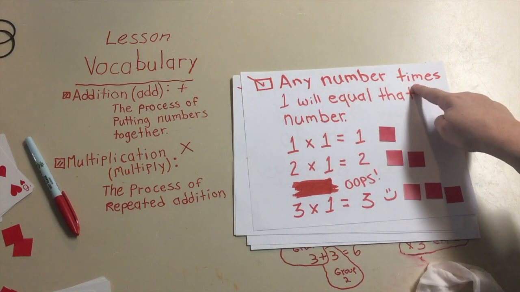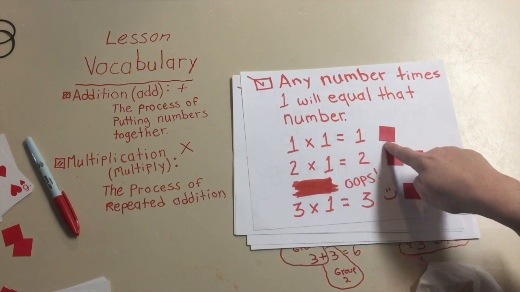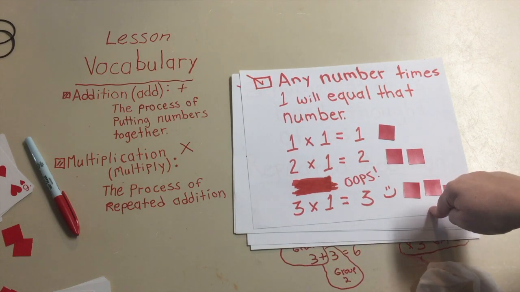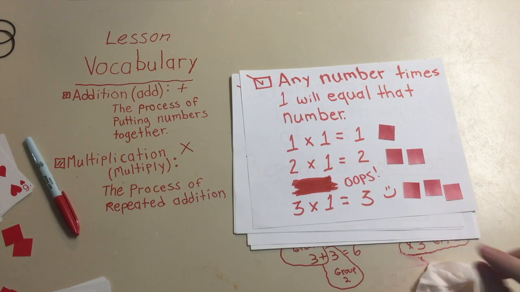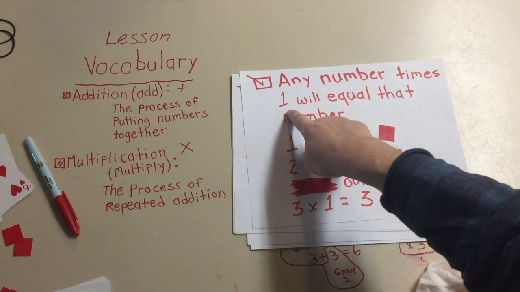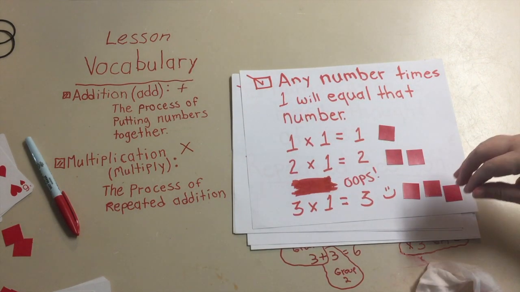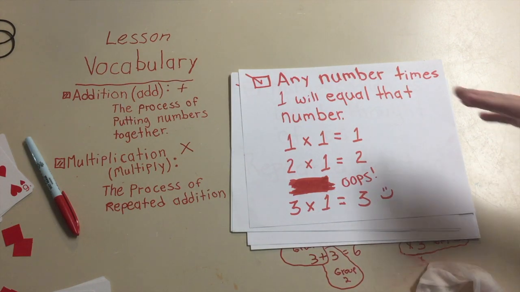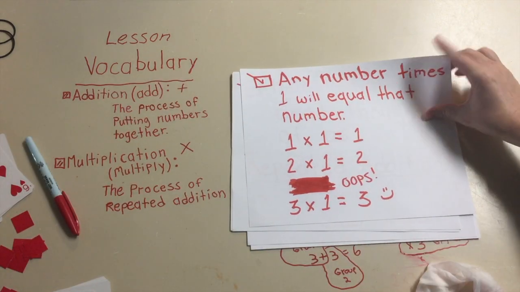So any number times 1: 1 group of 1, 1 group of 2, 1 group of 3. Any number times 1 will equal that number. Again, you can pull any number out of the air: 100, 111, 2050. It will always equal that number when you times it by 1. So that is why we didn't go over ones earlier, because I had this great thing to remember that I wanted to go over with you in this process.